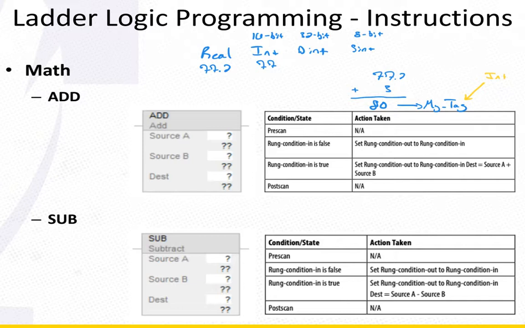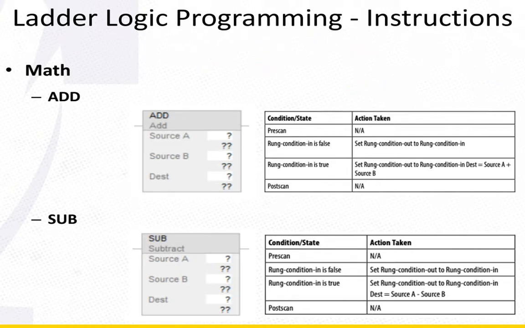Now, we don't have time in this course to do a full diatribe about the length of different integer, double integer, or short integer encodings and what the IEC or IEEE floating point encoding is. So if that is of interest to you, please look into it more. It will certainly help you understand what's going on behind the scenes better.